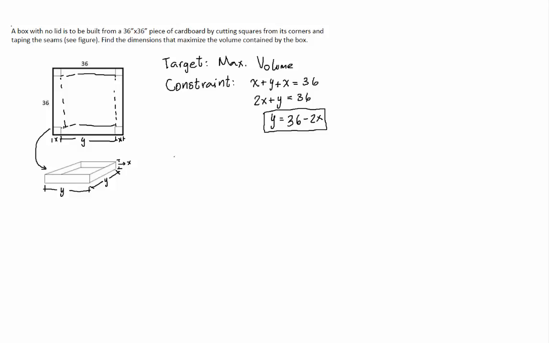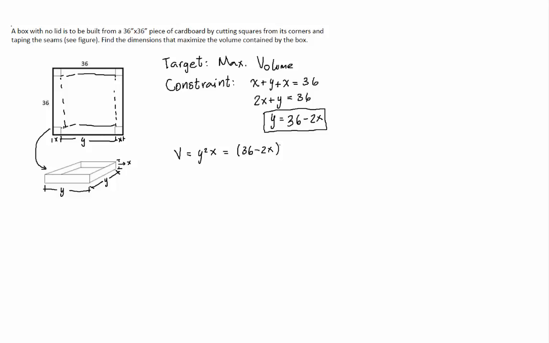So let's try to write the volume then, the target function. So the volume of this box, just talking about the two variables. Well, what is the volume of a box? It would be the base times the height, so y times x, times the depth, which is y again. So you're going to have y times x, which is going to be y squared x. And that is going to be, substituting my constraint into the target, 36 minus 2x.